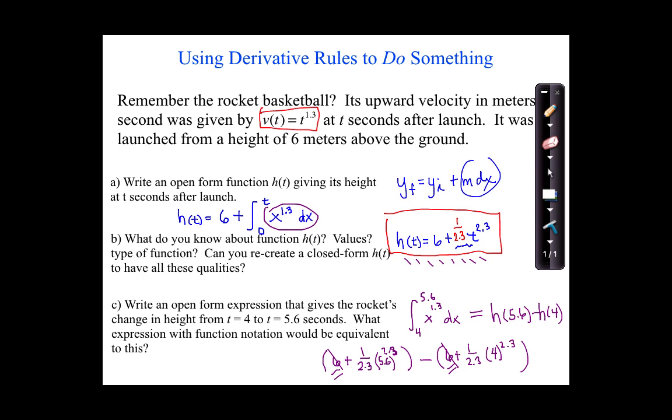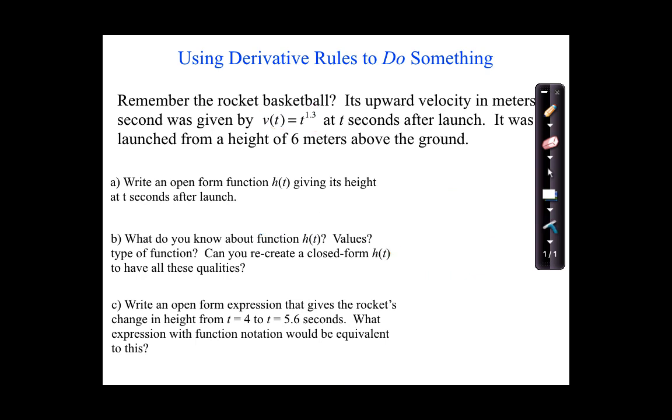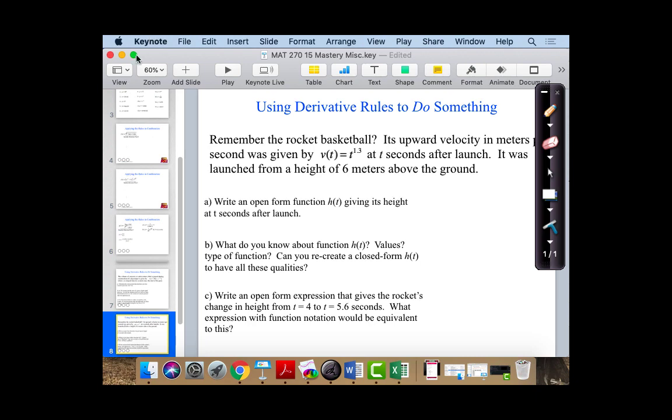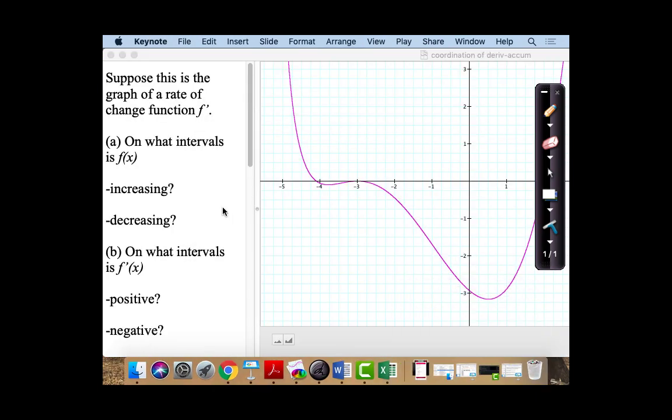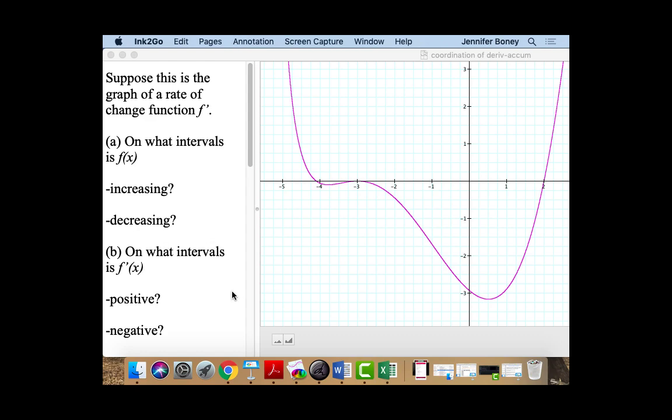All right, so moving on from that. Let me click on things. There we go. So let's take a look at this, as long as it's up. Suppose this is a graph of a rate of change function f prime. We've done this before in some directions and not in other directions, but suppose that this is a rate graph.